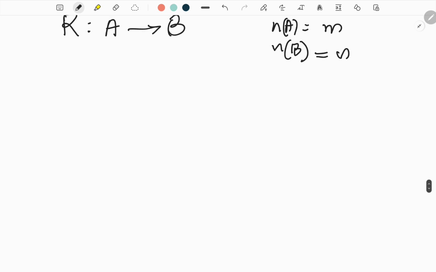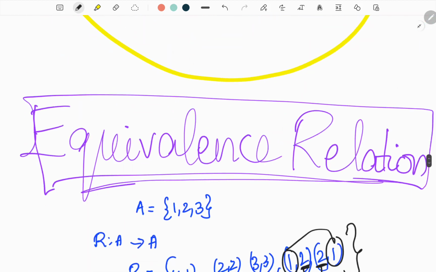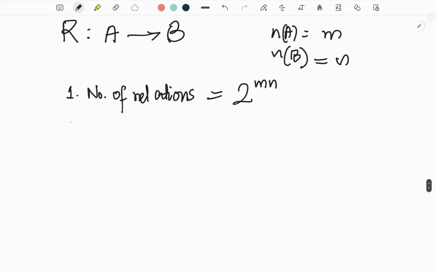Then the number of relations from A to B will be 2 raised to M into N, 2 raised to MN. This is something which you have learnt in grade 11.